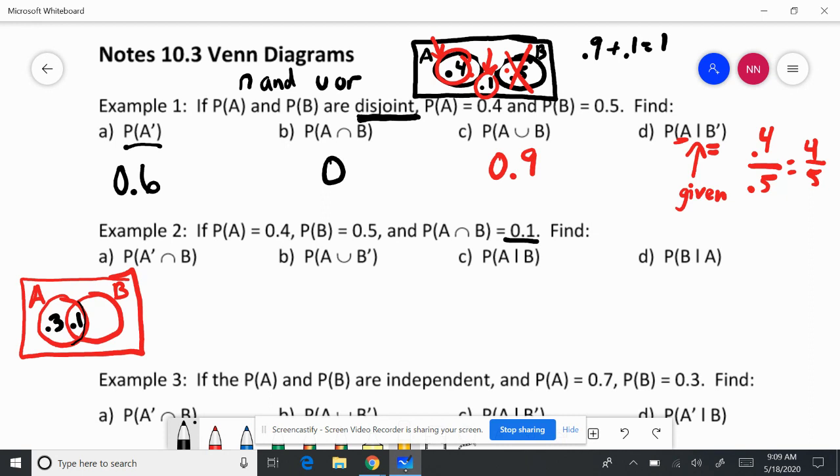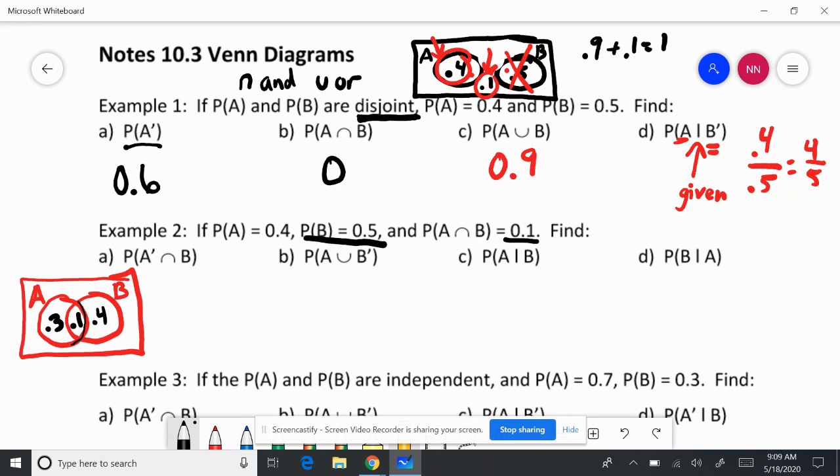In the same way, for the probability of B, I'm not putting a 0.5 here, I'm putting a 0.4 because 0.1 plus 0.4 gives me the 0.5. Notice that B is all of B, this whole circle.